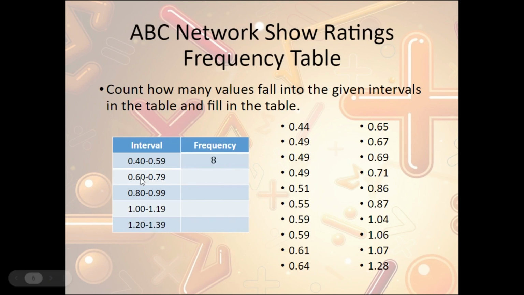Then we have from 0.6 to 0.79: 1, 2, 3, 4, 5, 6 that fall into that one. From 0.8 to 0.99, we have 1, 2. From 1 to 1.19, we have 1, 2, 3. And from 1.2 to 1.39, we have 1. So this is how you would create a frequency table.